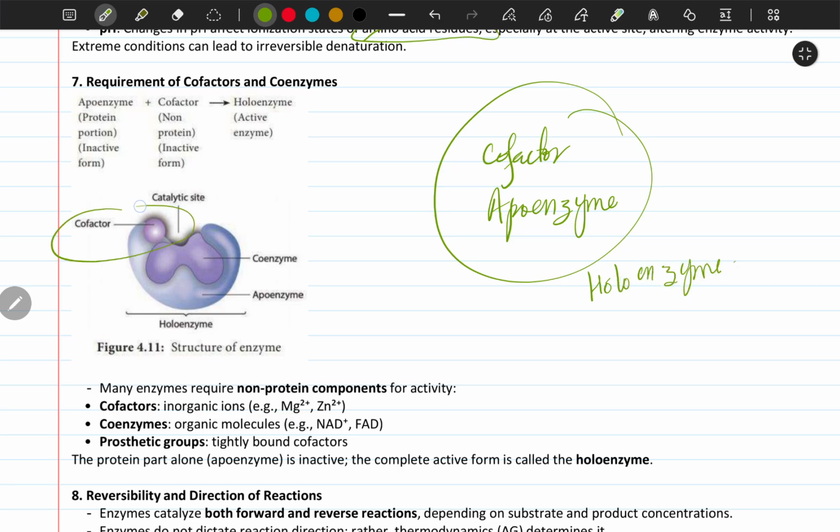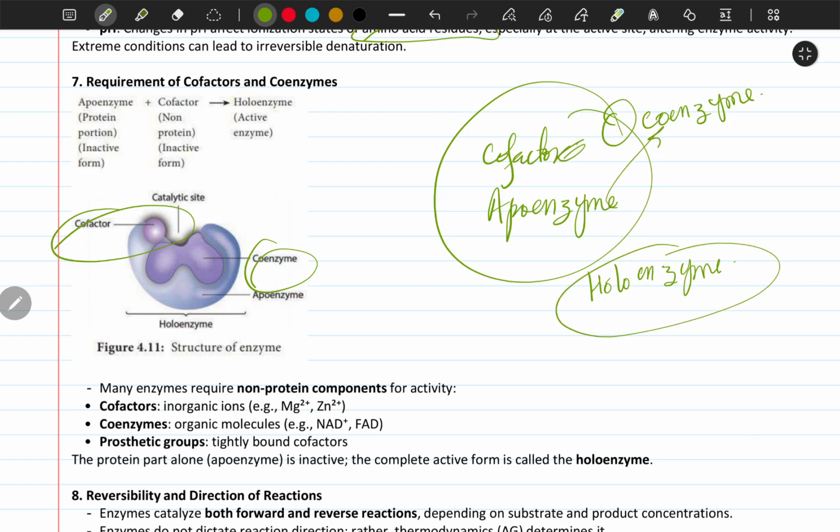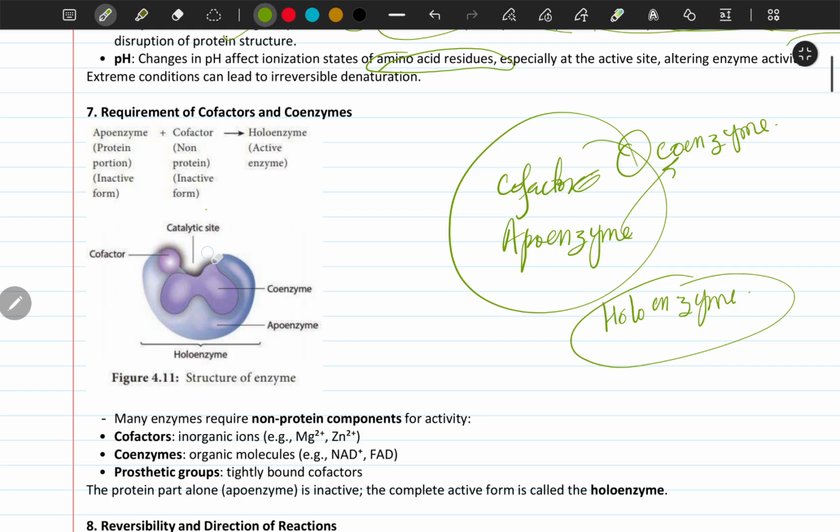There's a different part, the coenzyme. So apoenzyme, coenzyme and cofactor, and we have the holoenzyme. Cofactor plus apoenzyme make a holoenzyme.